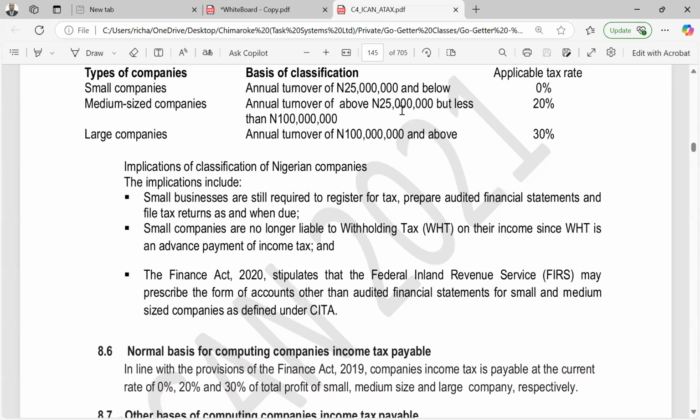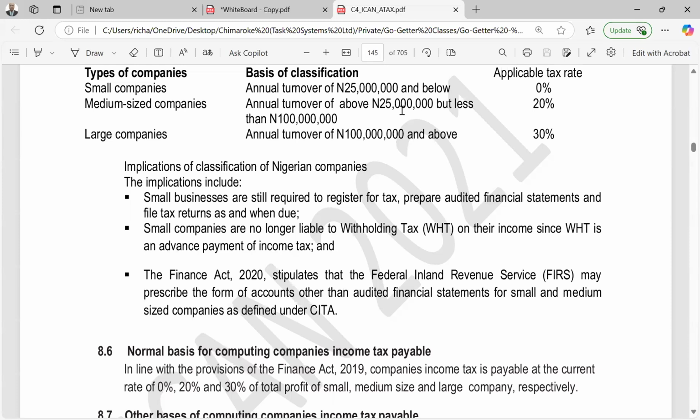And so if they're not registered for tax, how then will they file their tax? So they are going to be registered for tax prior to when their company's income or turnover gets to 25 million, and they will still be filing zero tax. So the company's turnover is being monitored until it gets to 25 million, and then they start paying income tax.